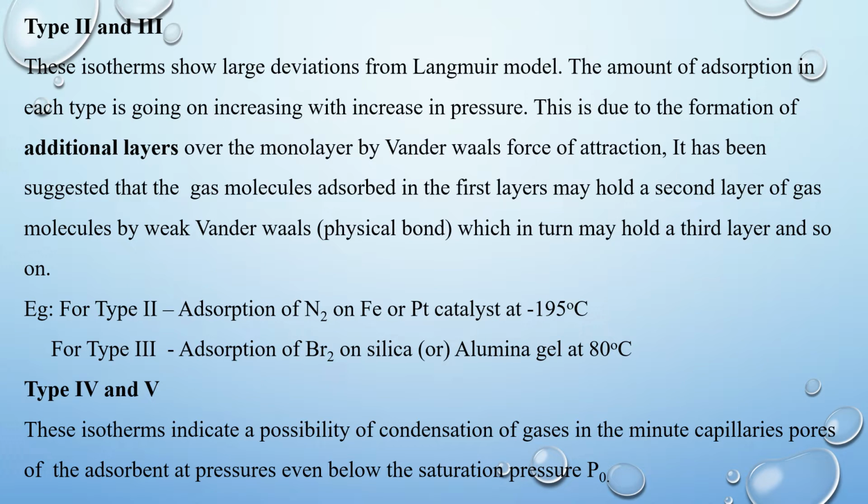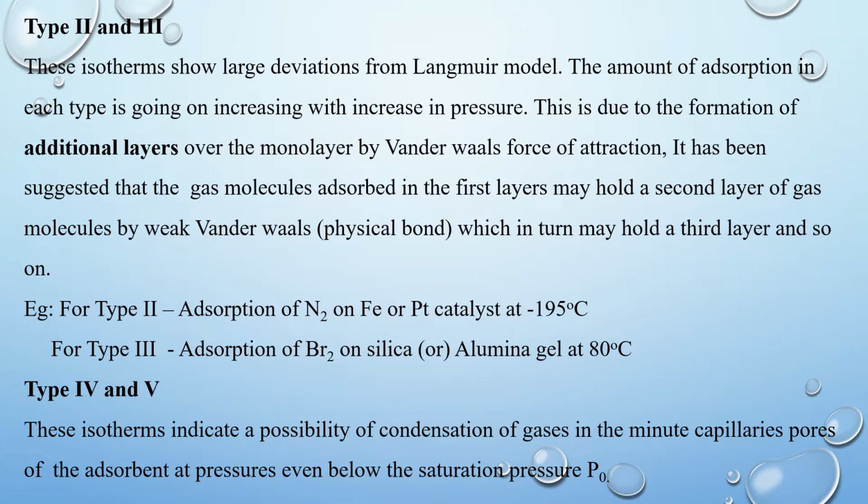The second and third types of adsorption isotherms show a large deviation from the Langmuir model. The amount of adsorption in each type keeps increasing with increase in pressure. This is due to the formation of additional layers over the monolayer by van der Waals force of attraction.